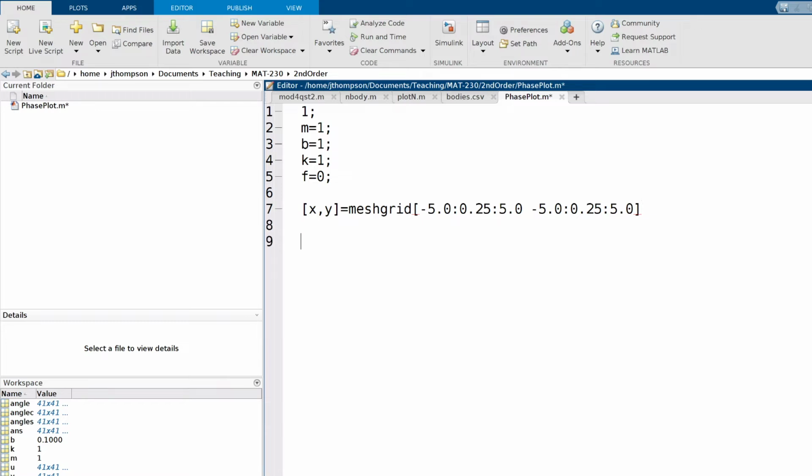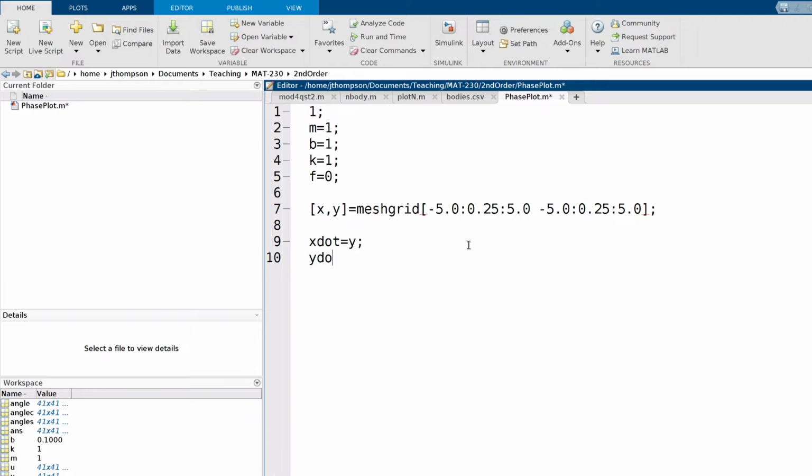What we'll want to calculate is our derivatives. So x dot was equal to y. Let me put a semicolon, otherwise we'll get a lot of stuff printed out.